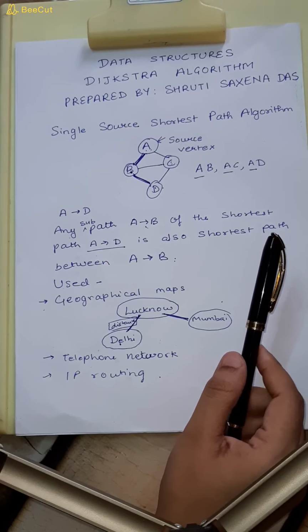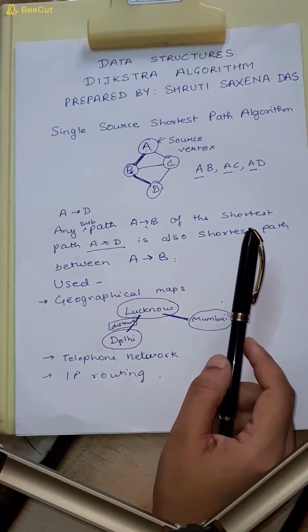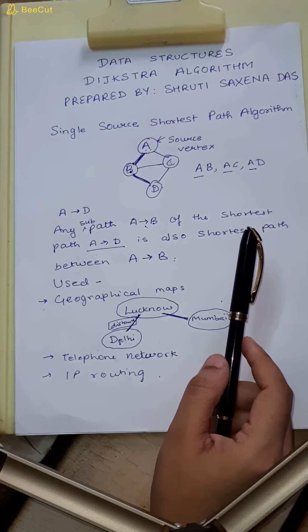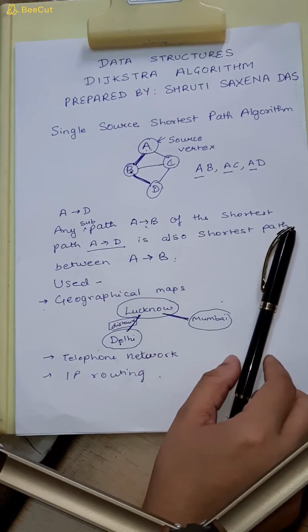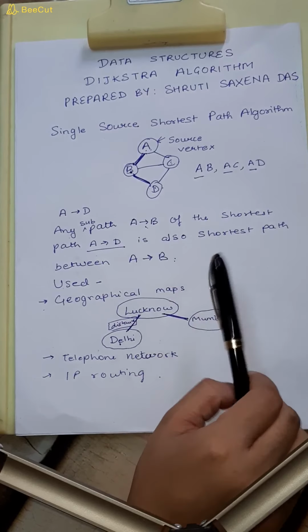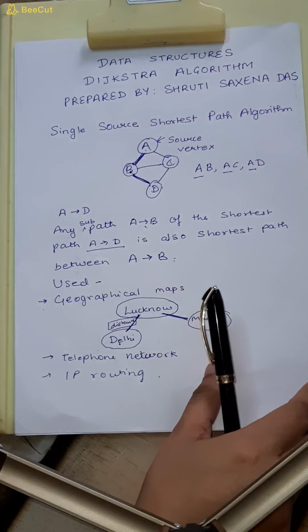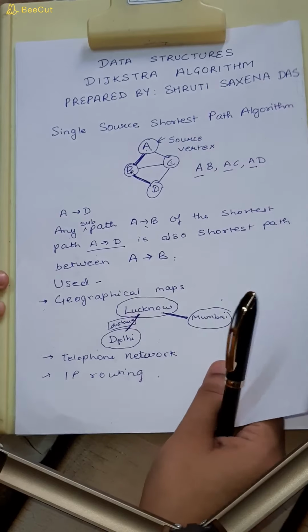If you have a router, it will check for the shortest route from a particular router to the rest of the destinations. So for that also we use this algorithm. These are some of the uses of Dijkstra's algorithm. I hope this concept is clear. Now we'll move on to the example.